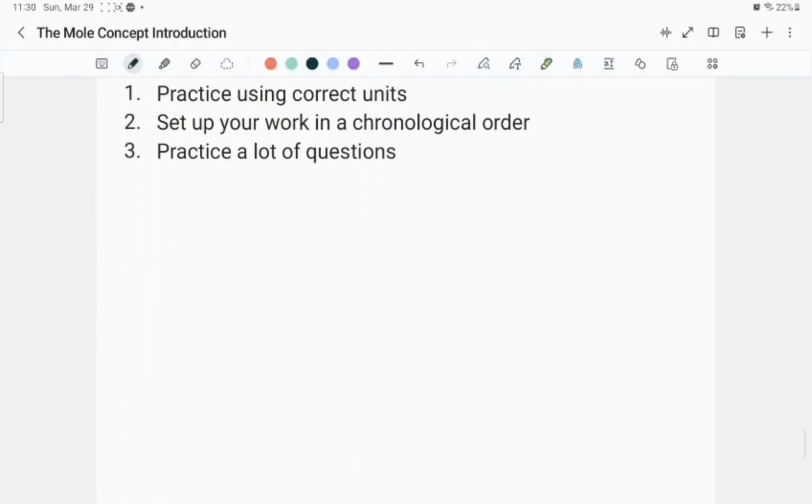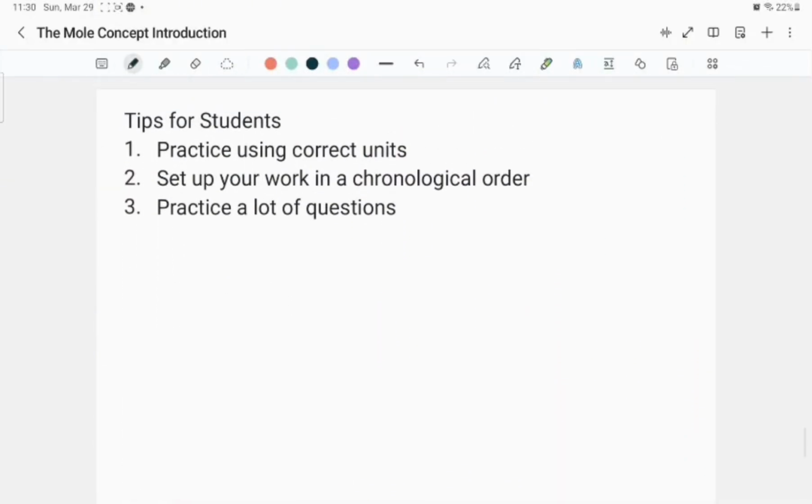Key tips to leave with you is that, practice using your units. Your units are very important when calculating mole concept, or any calculation in chemistry rather. It'll help you make sense of your calculations. Set up your work in chronological order to see the steps that you're taking.